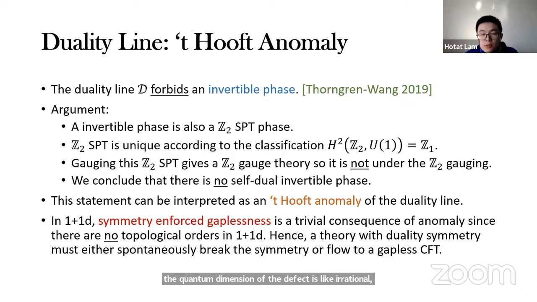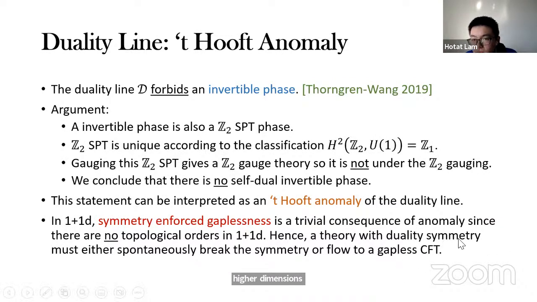Yeah, there's an alternative argument using the quantum dimensions of the operator. But here I'm presenting this one because it's simpler to explain, and of course this one doesn't generalize to every case. This approach is also the one that I'm going to use in higher dimensions.